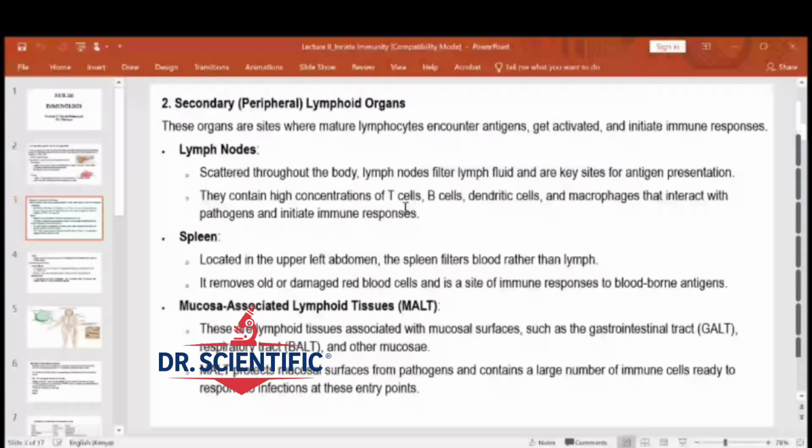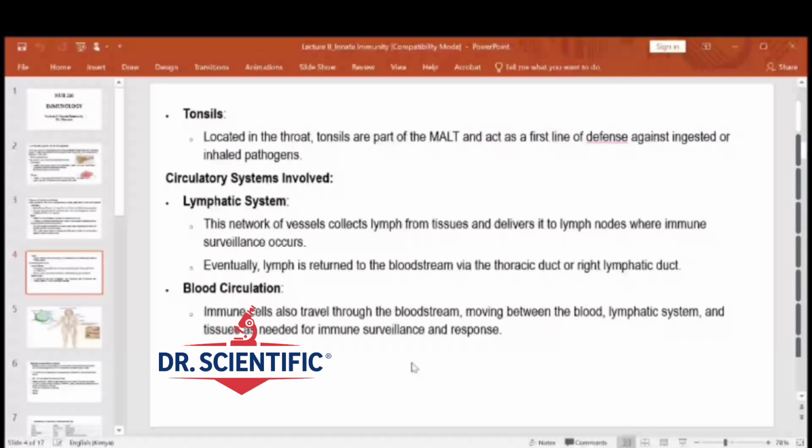But the tonsils and the MALT are more likely to be dealing with the innate type of immune response. But in a moment, we'll see exactly what innate is. And once we understand what the innate immune system is, then we're going to see the organs that are associated with its response once an invasion is happening in the body.